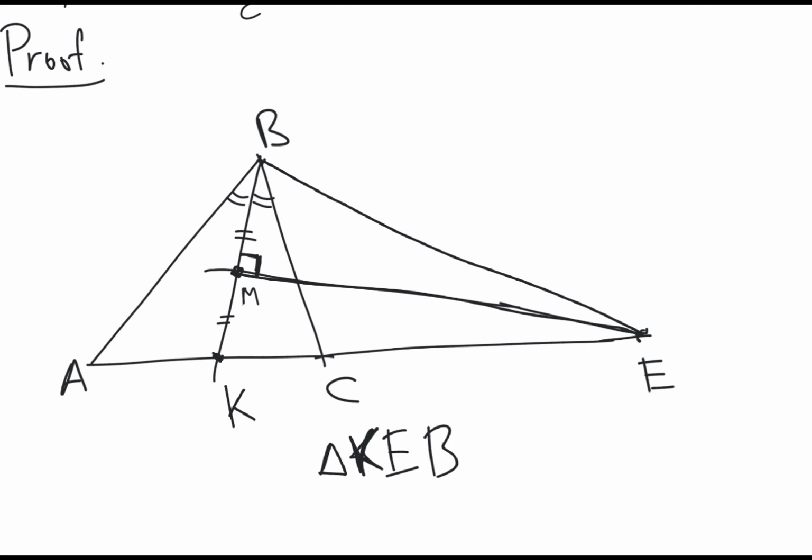So EM is both a median and an altitude. Therefore, this is an isosceles triangle, and we have the equality of sides. So KE is equal to BE.